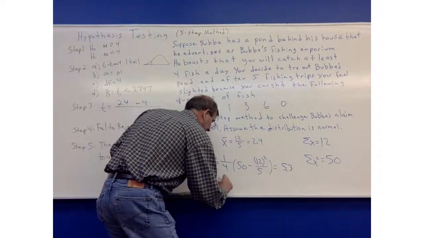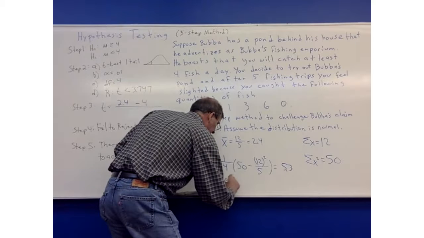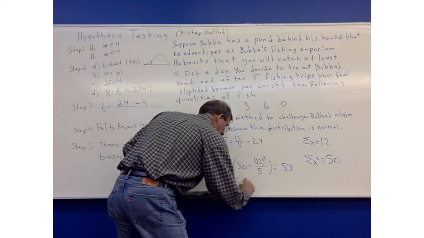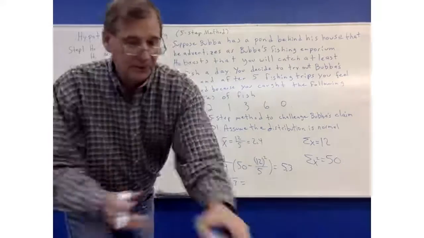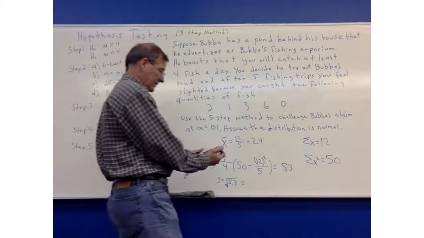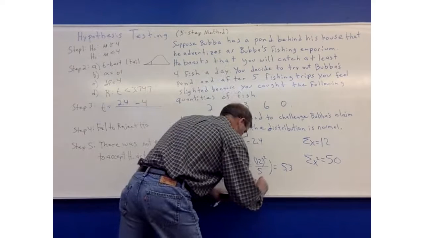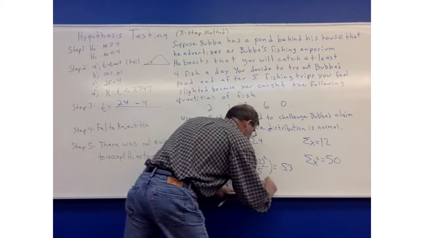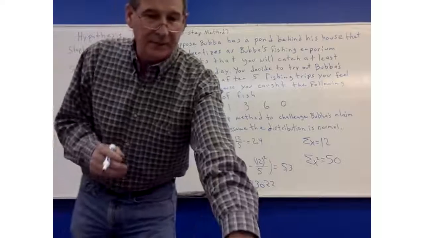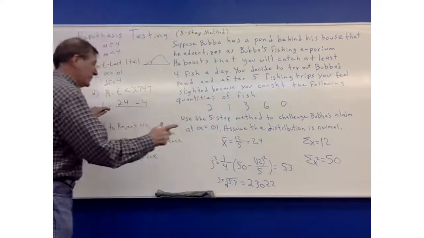The standard deviation is the square root of 5.3. It's not something I have memorized. I'm going to use that number right there. I rounded a little bit. Okay, so now we can put those values in here.